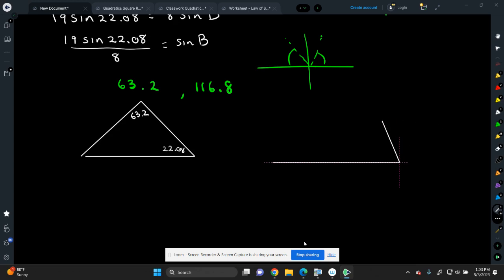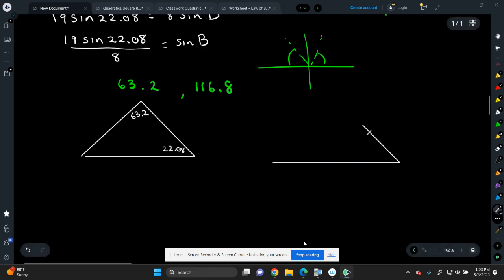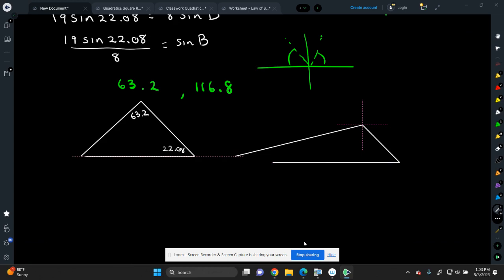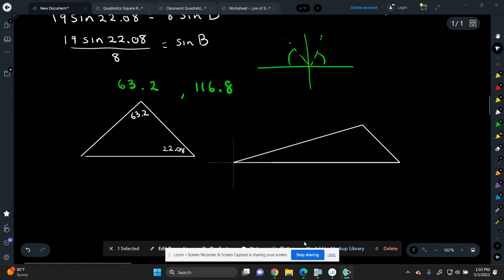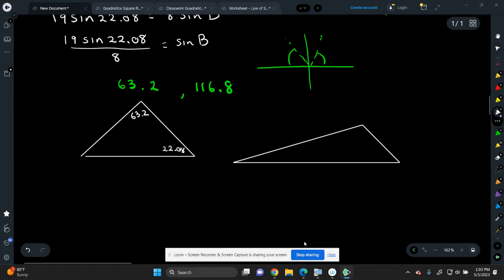I can't draw it. My spatially challenged brain is not doing it. It's going to be something like this, I guess. So this angle is 22.08, but this one is 116.8. So there's two different triangles. That's why we're getting different answers.